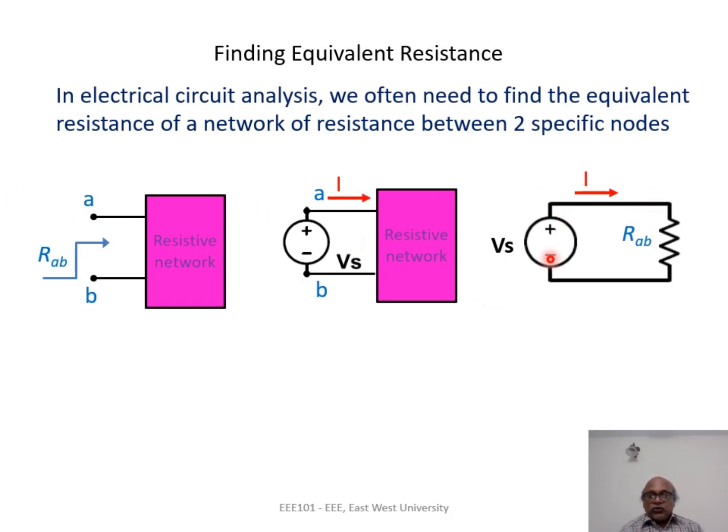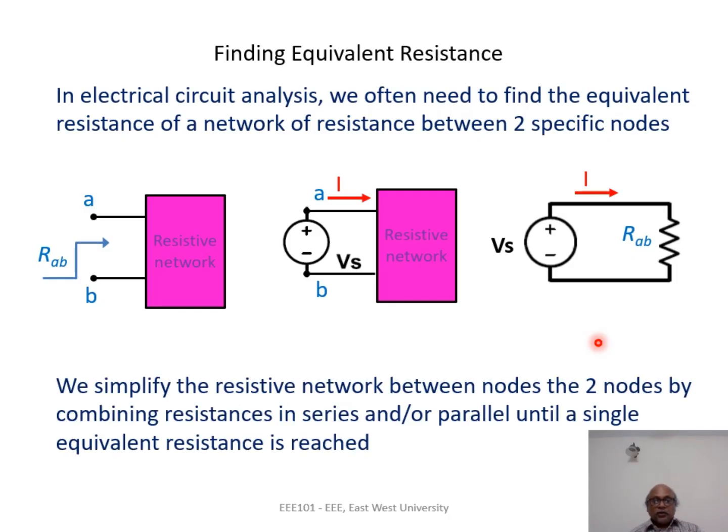In these two circuits, if this I and this I for the same voltage Vs remain the same, we will call RAB the equivalent resistance of this network. So we simplify the network of resistances by combining resistances in series and/or parallel successively until our desired equivalent resistance is reached.